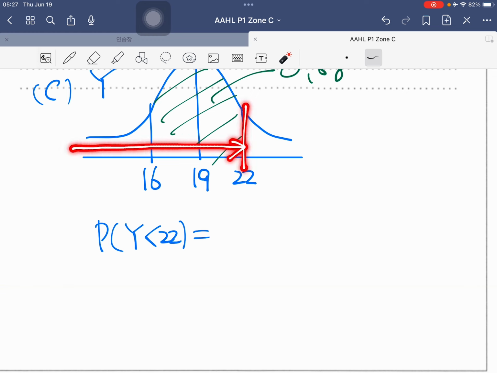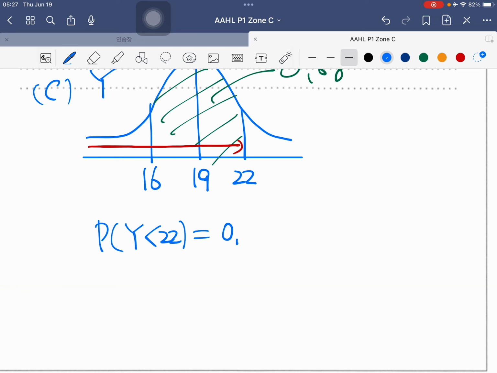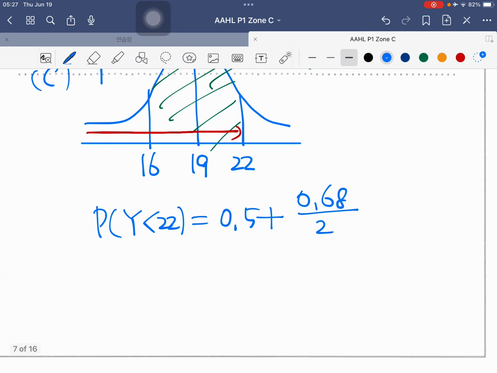We know that this portion is already 0.5, and this portion from here to there is 0.68 of half of that, right? So the answer should be 0.5 plus 0.68 divided by 2. This gives us 0.5 plus 0.34 equals 0.84, which should be the answer.